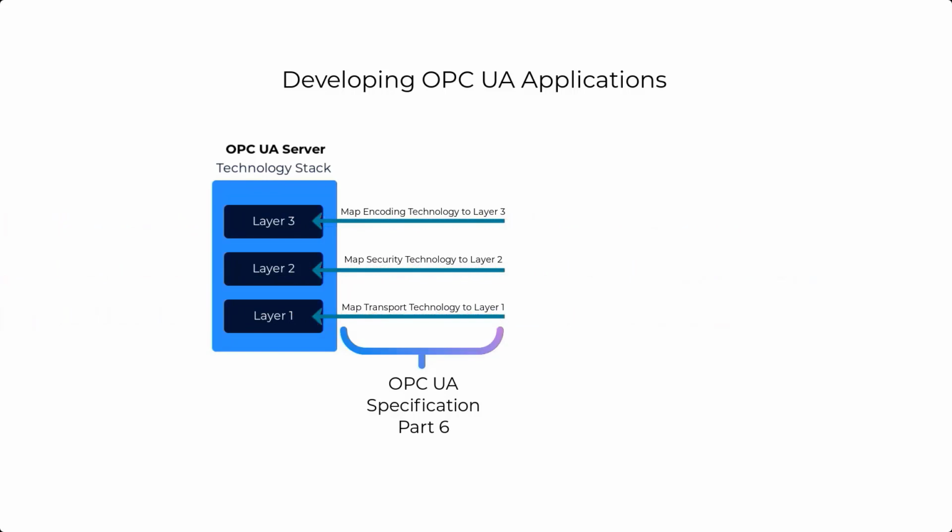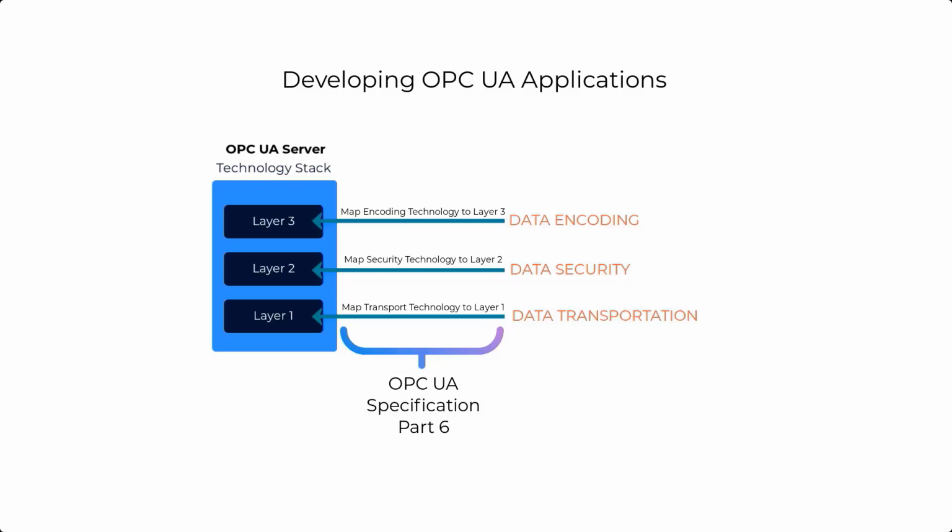Now, for OPC UA applications to actually exchange data, there are three features that need to be mapped to a specific existing technology. These are data encoding, data security, and data transportation. And to address that, the OPC Foundation has a specification document, which is UA Part 6, that defines OPC UA mappings between abstract specifications and technologies that can be used to implement them.